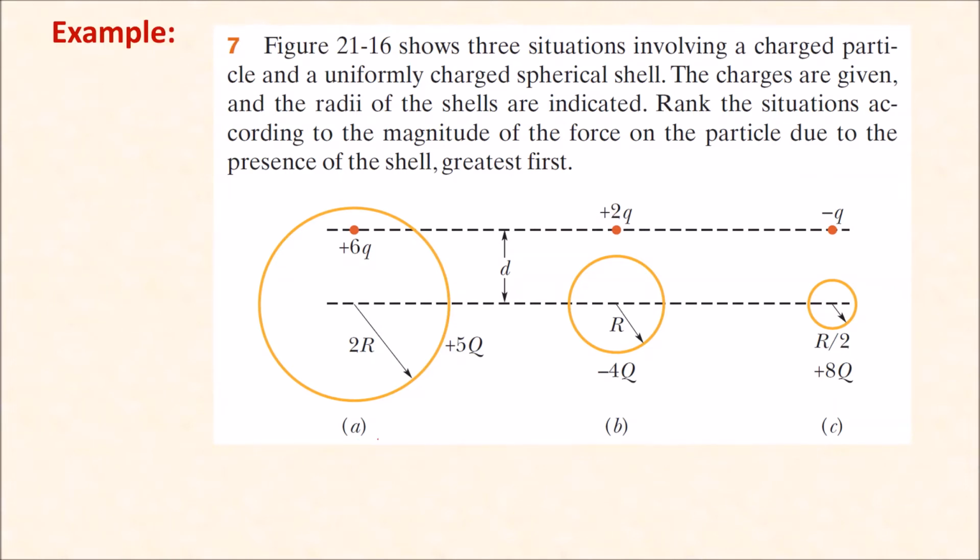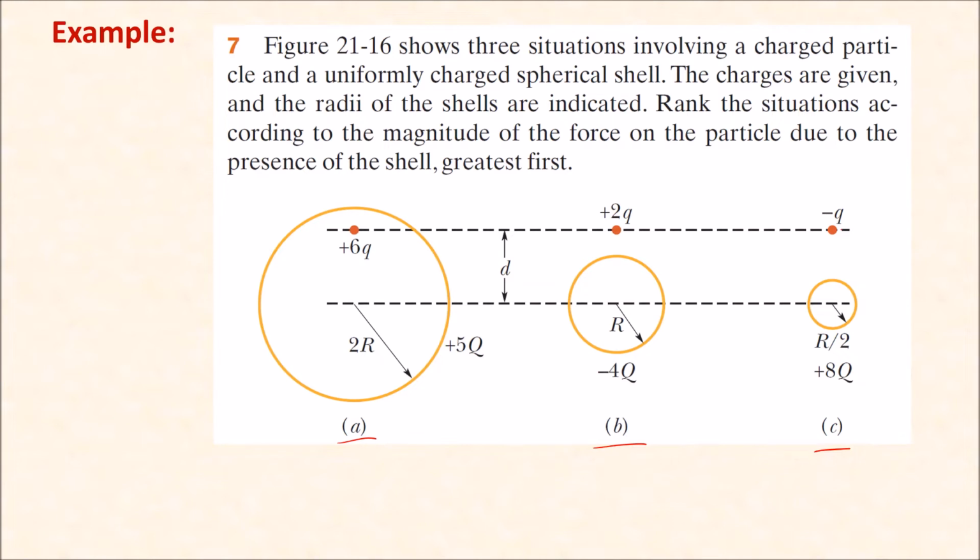You have situation A, B, C. You have the particles Q, positive 2Q, and 6Q, and the shells have 5Q, negative 4Q, and 8Q. You want to see which one has more force on the particle. Rank the situations according to the magnitude of the force on the particle due to the presence of the shell. Greatest first.